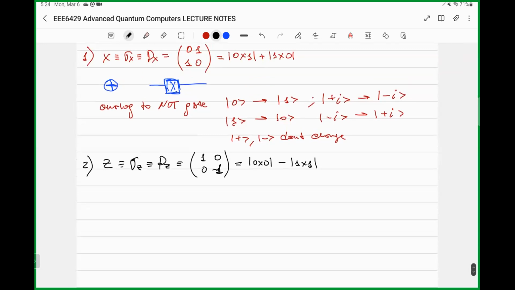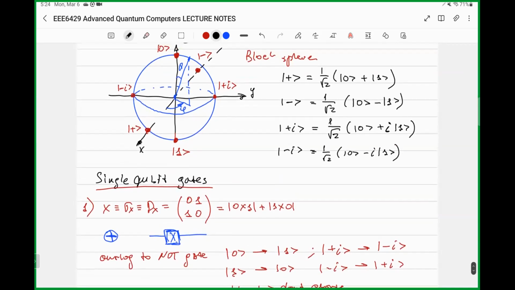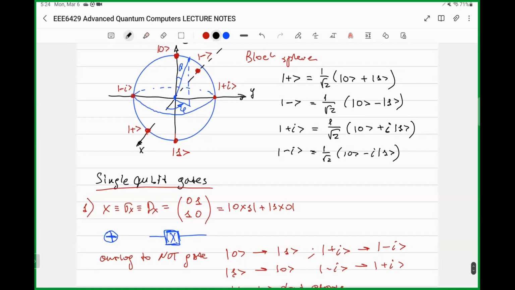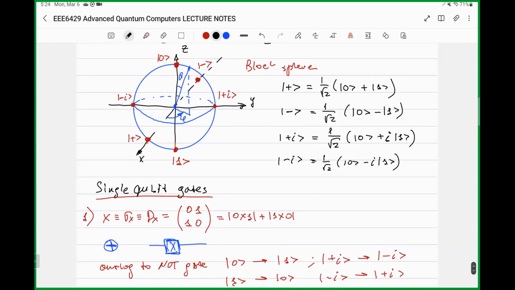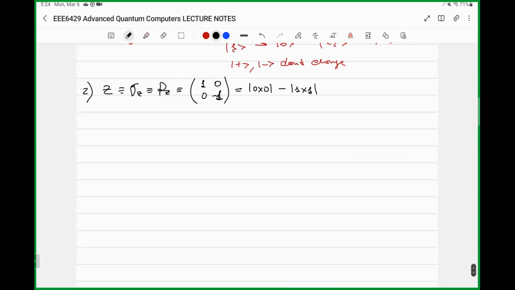Again, what it does is operate in a similar way. It rotates the state by the angle pi, or 180 degrees, but in this case around axis z, again in the clockwise direction. So it doesn't change the states 0 and 1. Z times 0 is 0, and Z times 1 is 1.